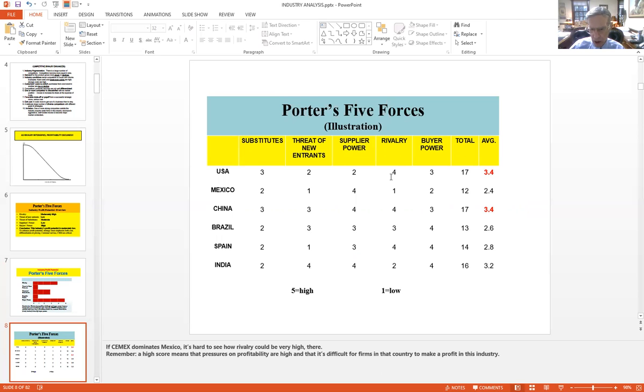And you can see that in both cases, we've got a rating of 4 on rivalry, as opposed to 1 in Mexico, or a 2 in India. So depending upon the loadings on these forces, we can alter our strategy in order to compete more successfully in these different countries, if we elect to do so at all.